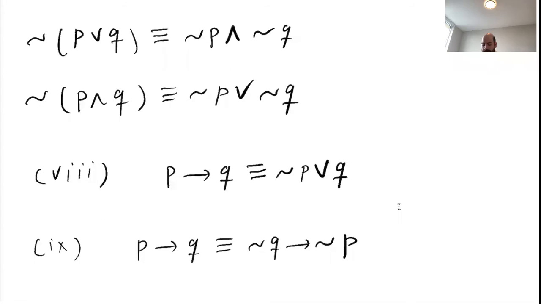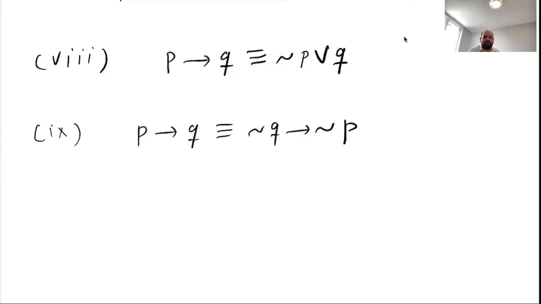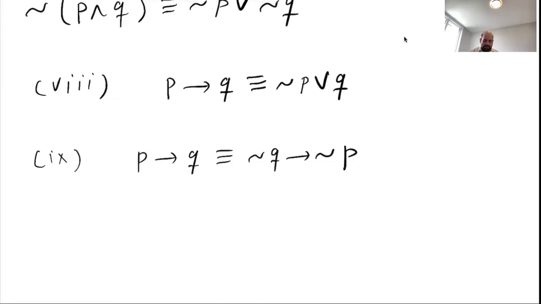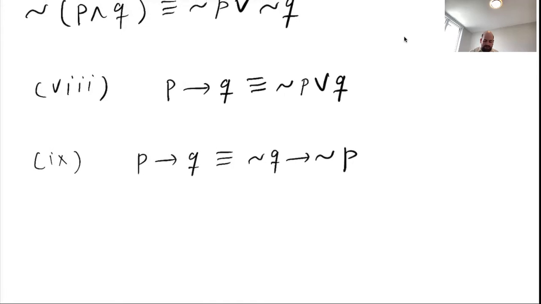So let's think about number 8 in the context of the example that I just provided. We said that if it's a Monday, then I'll go to the mall. So if you think about 8, the equivalent would be: it's not a Monday, or I will go to the mall.